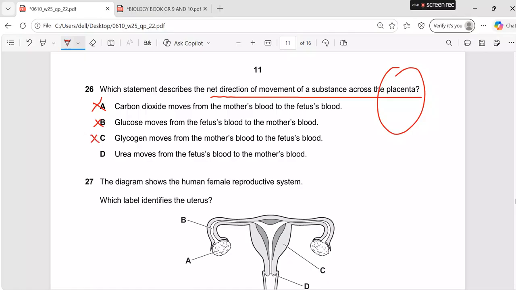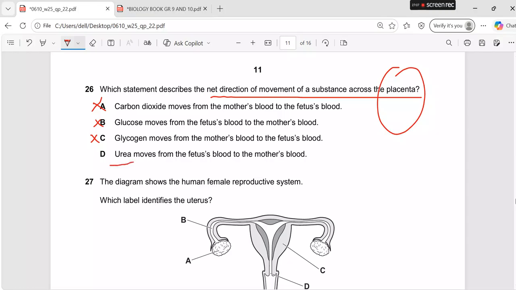No, we're not talking about glycogen here because the placenta is for the movement of oxygen, carbon dioxide, glucose, or any waste product between mother and the fetus. Glycogen is the stored form of glucose, which has nothing to do with the fetus blood at the moment.